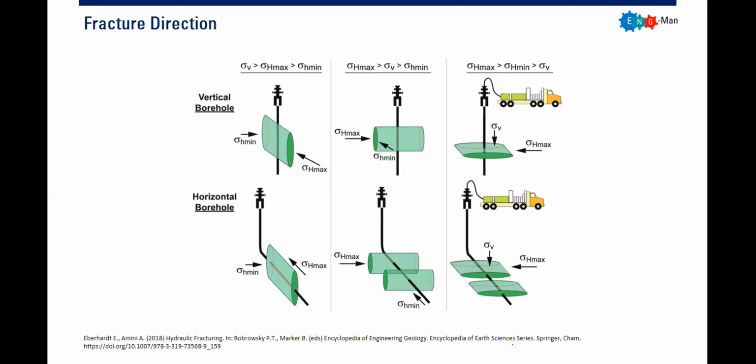You can drill a vertical well, you can drill a horizontal well, and you can estimate how the fracture will be according to these three principal stresses. Of course, each configuration will have different productivity, different performance. So you need to be careful.